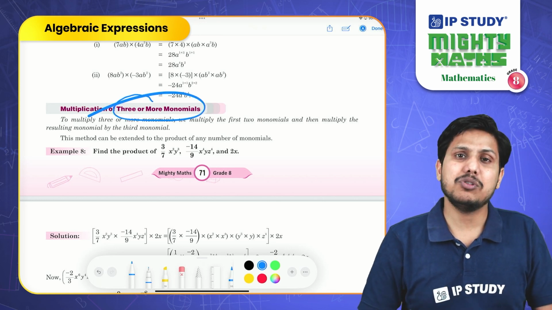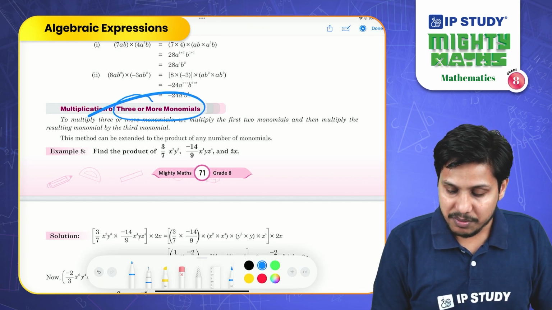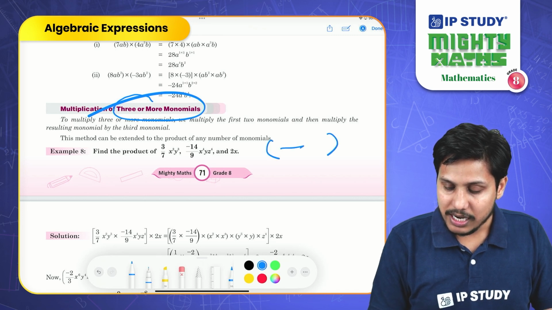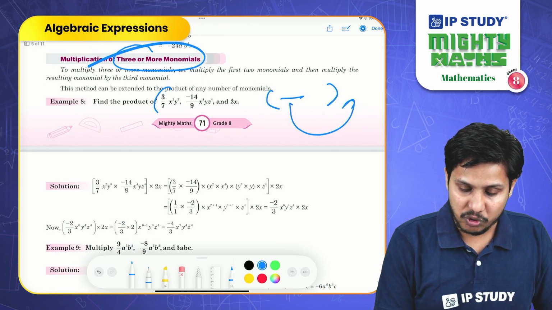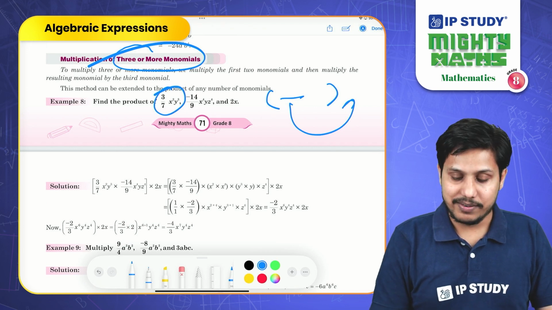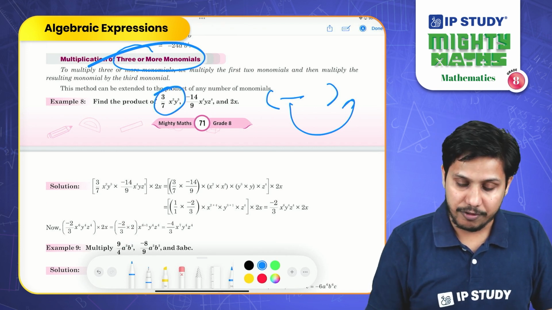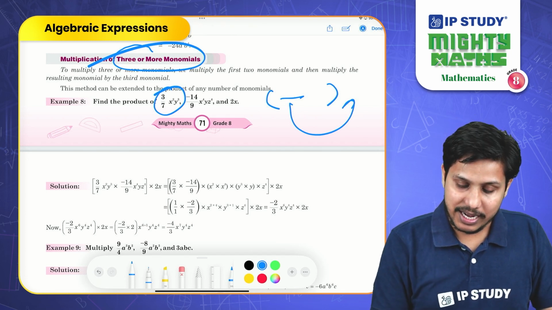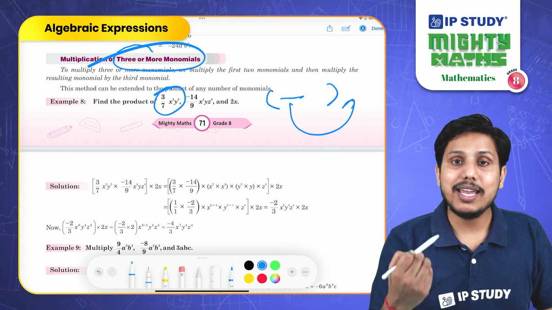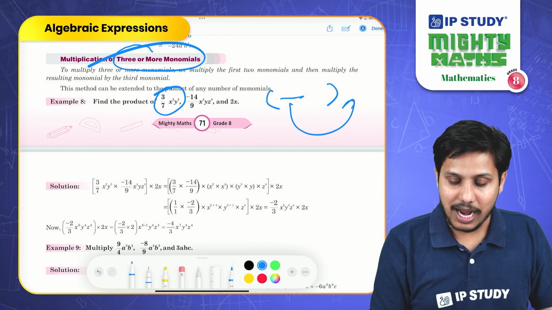Now moving to the next subtopic of multiplication of algebraic expressions: multiplying three or more monomials. It follows quite a similar process. We just need to multiply the first two, and the result will be multiplied with the third. Like this, we have a monomial 3/7 x raised to the power of 2 y raised to the power of 3, minus 14/9 x raised to the power of 4 y z raised to the power of 4, and 2x.